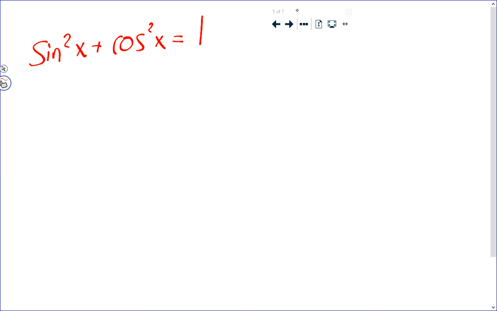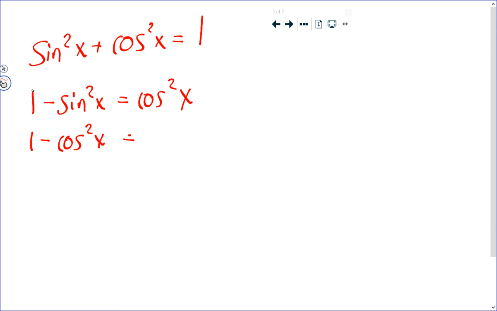We've already talked about the fact that you have to keep your eyes peeled for this. Because if I subtract sine squared of x from both sides, I would get 1 minus sine squared of x equals cosine squared of x. I've also talked about the fact that you should keep your eyes peeled for this.